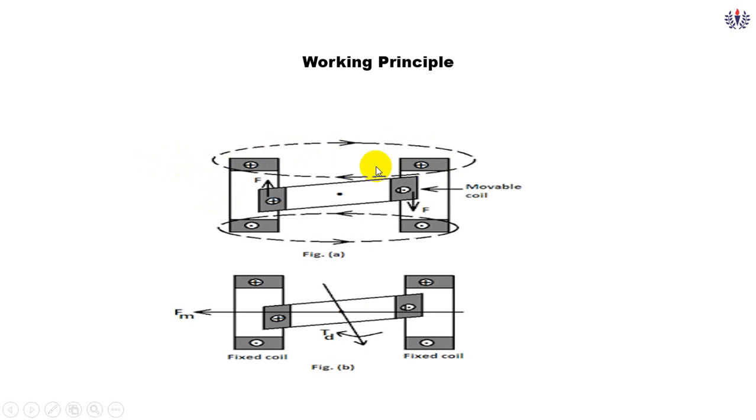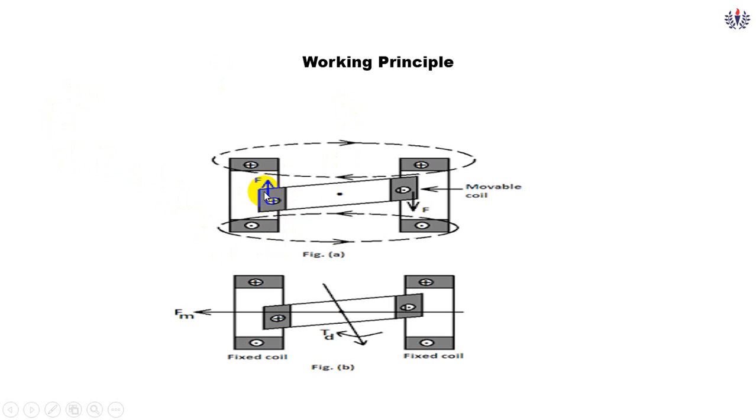Here we know that this is the fixed coil, and this is the moving coil. When the power supply is given to it, it produces flux here. You can see it in both directions: this is towards the observer, this is away from the observer. And here one more current produces another flux in the coil, which tends to move in one direction.